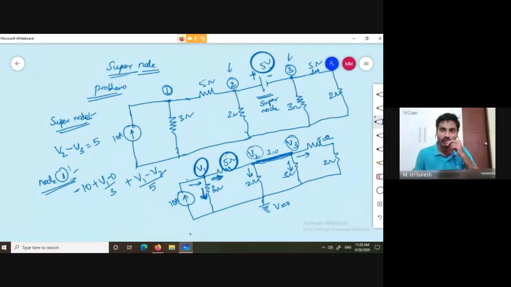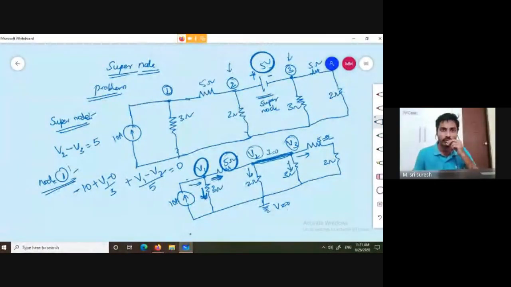Are any other elements connected to this V1 node? No. So we have already written 10 amperes, the current flowing in the 3 ohms, and the current flowing in the 5 ohms. That's all, and it equals 0. So this is the KCL.